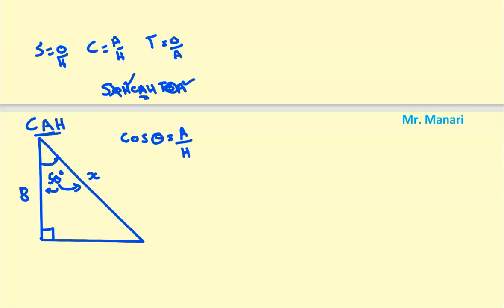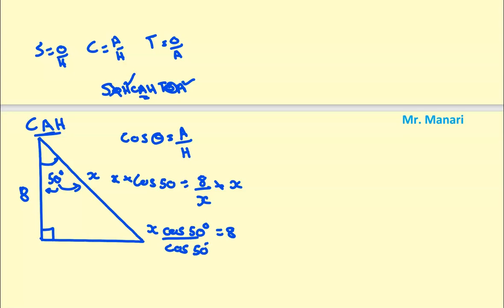So cos 50 is equal to adjacent, which is 8, over hypotenuse, which is x. We are looking for x, so we do the long method. First we multiply both sides by x, so we have x cos 50 degrees equals 8. Then we divide both sides by cos 50, so that we remain with x.